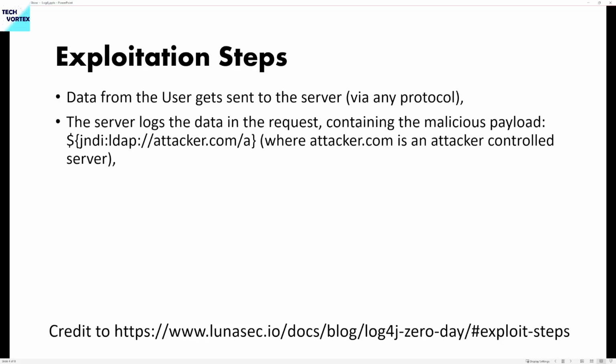This string targets a function in Log4j, which is the lookup function. In this string, the hacker directs the Log4j server, instead of parsing this string in the log file, to take it and try to do a lookup via the internet.